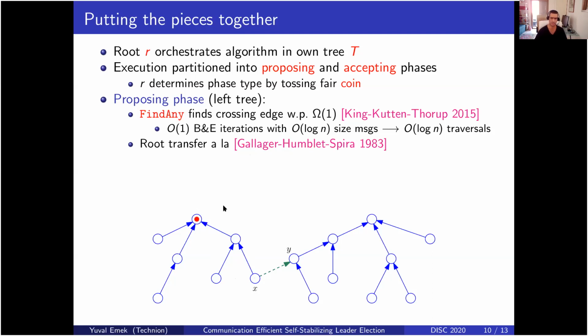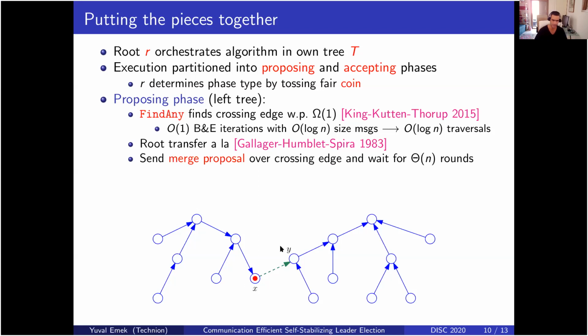So we basically shift the root down the tree from its original location to X, together with the token, where we simply reverse the orientation of the edges. And now when the root gets to X, the endpoint of the crossing edge, together with the token, X now sends a merge proposal over this crossing edge, and following that, it waits for a theta of n rounds for an acknowledgement from Y.